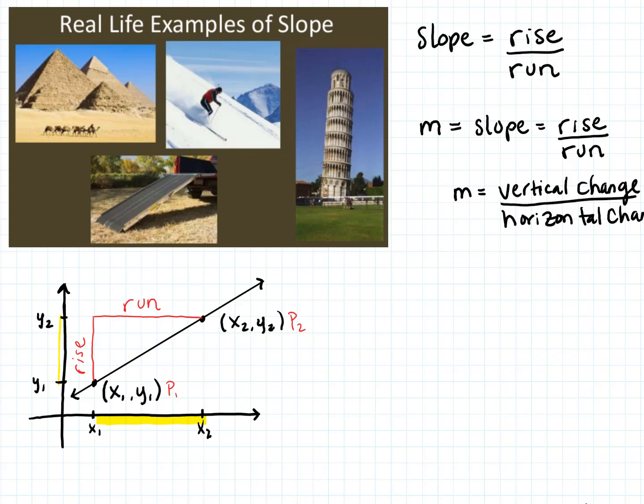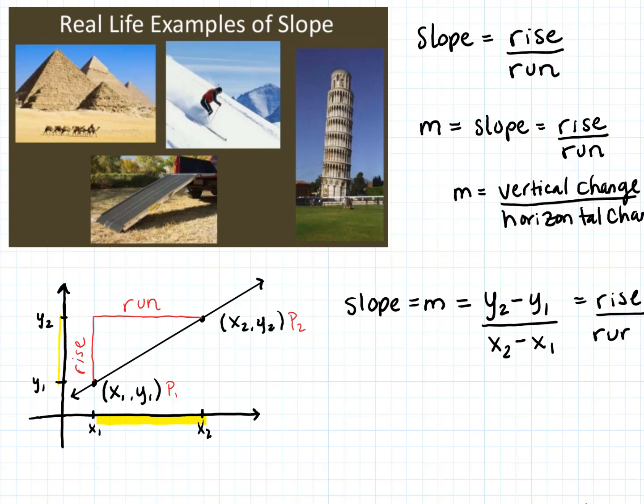So our formula for the slope. Slope, again, we use the letter m, and our formula for the slope is rise over run. So we're going to take y2 and subtract y1. That's going to give us the rise. And to find the run, we're going to take x2 and subtract x1, and that's going to give us the run.